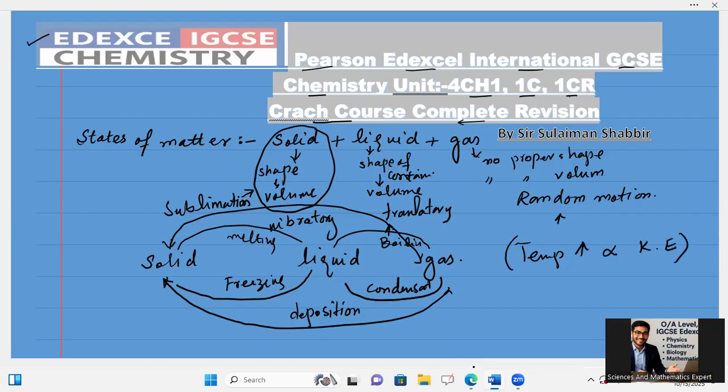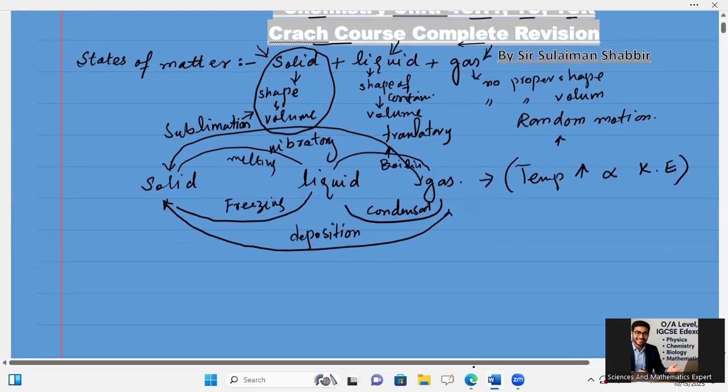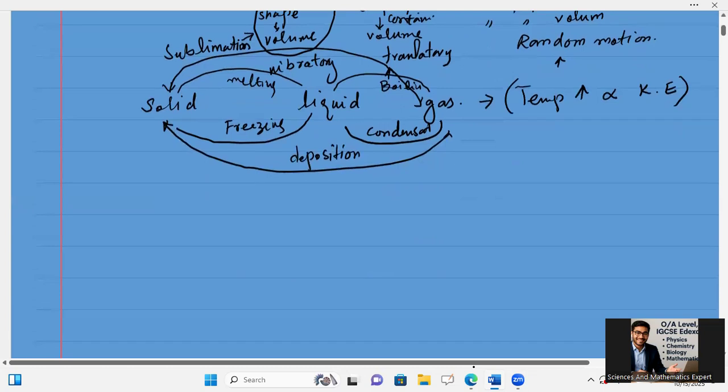Whether you are talking about a solid, a liquid, or a gas, if temperature is increasing, the kinetic energy of the molecules will definitely increase.